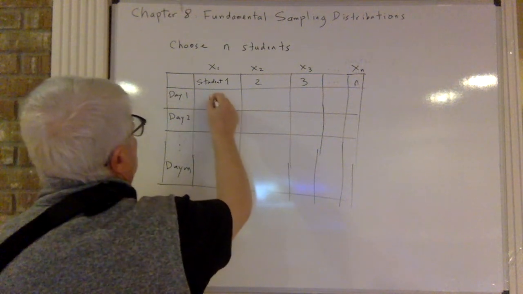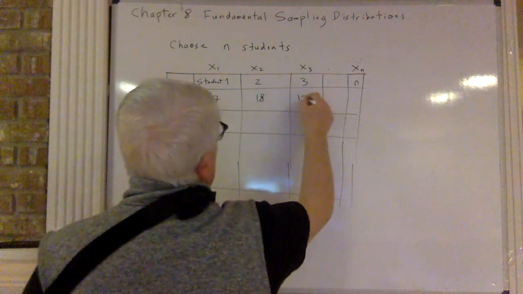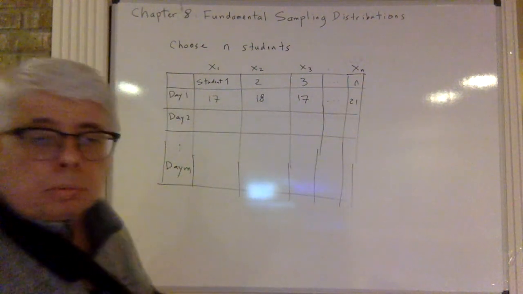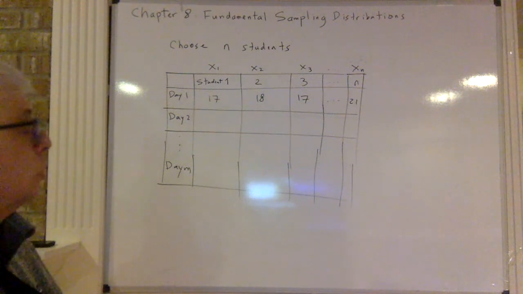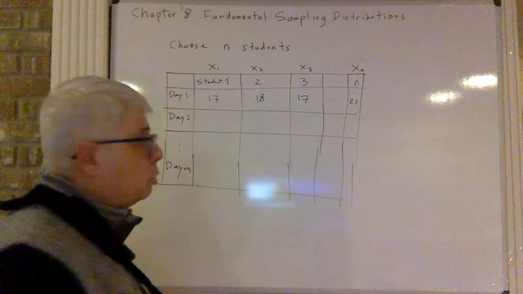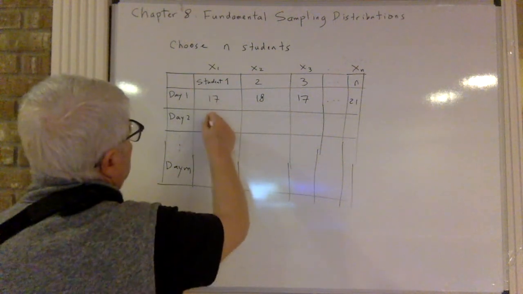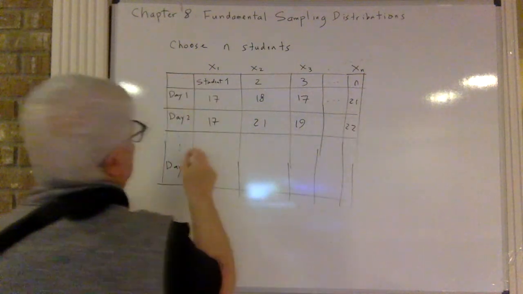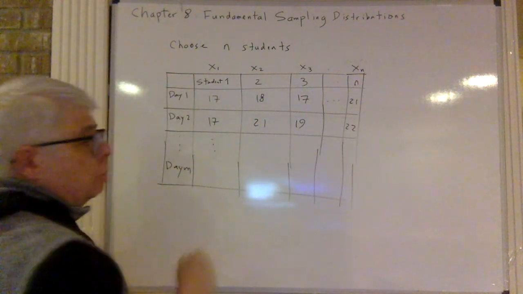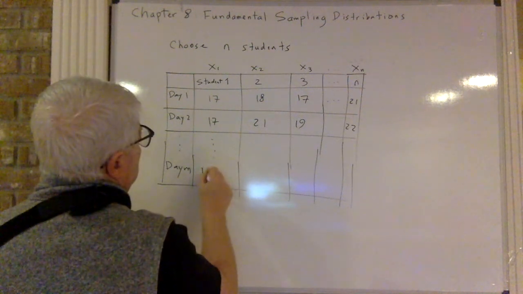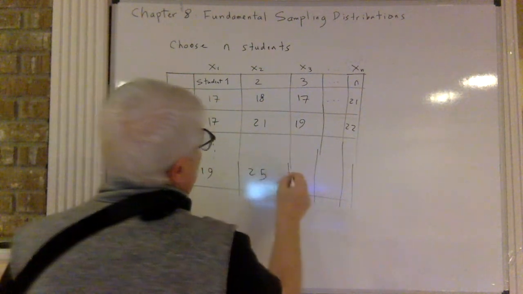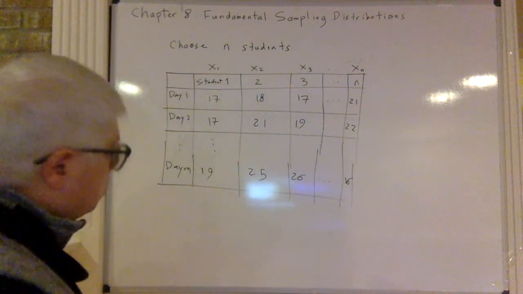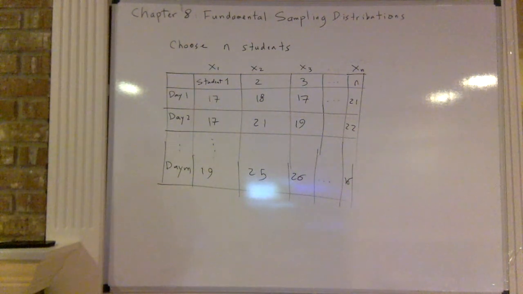So this one would say like 17, this one like 18, this one 17, and this one 21, say something like that. Now you send them another day to bring you some more data. So this one brings 17, say 21, 19, say 22, something like that. And this continues until say day M, and then you stop. So it might be 19, say 25, and 26, say 16, something like that. So that's what happens.